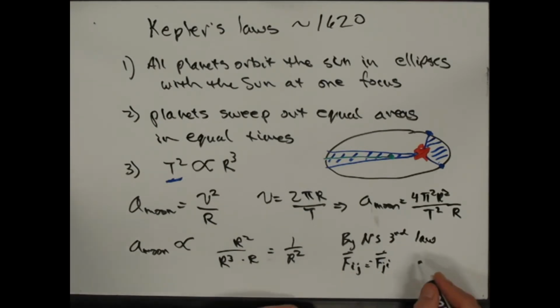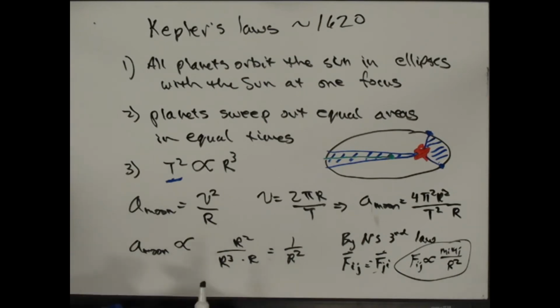And that's what led him to believe that the force due to two objects was proportional to m_i m_j. Both masses had to be in the equation symmetrically so that the third law could be true, over r squared. And so this sort of led him to the formulation that you saw on the previous page.